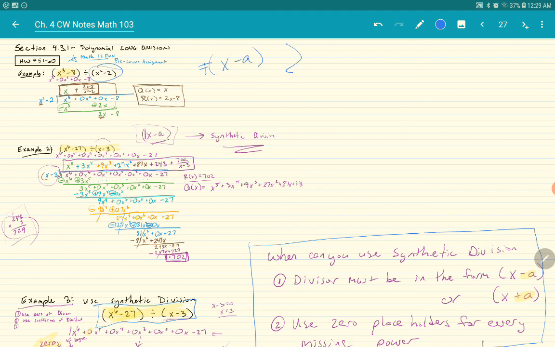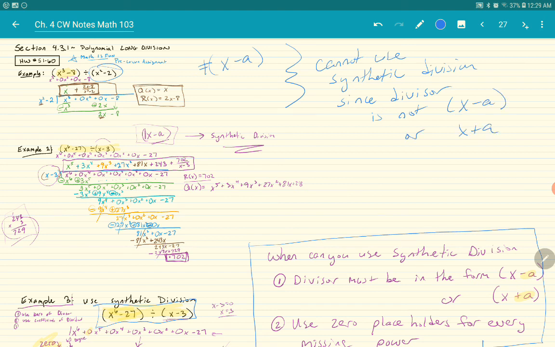So this one, you cannot use synthetic division, since the divisor is not in the form of x minus a or x plus a. Sorry, my handwriting is very rushed today. There you go.